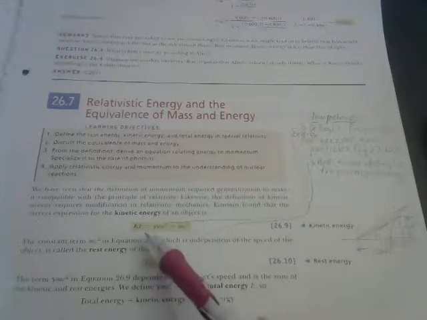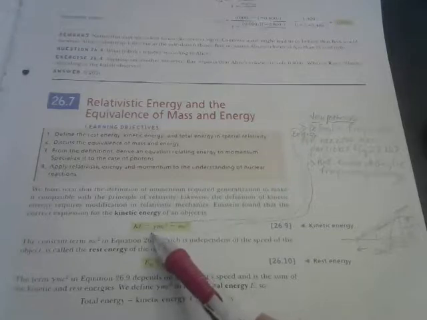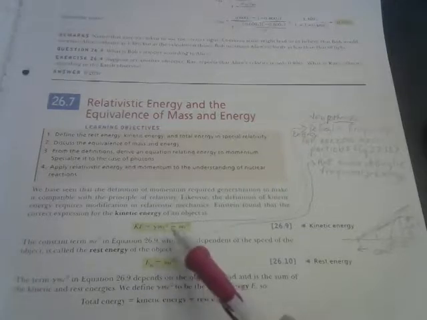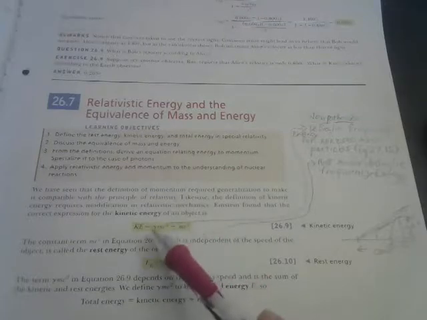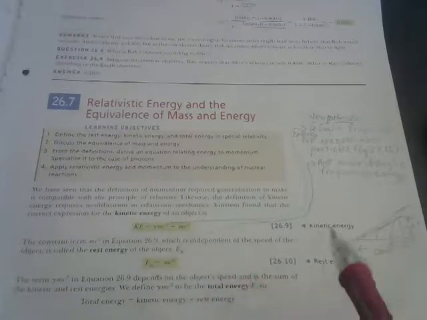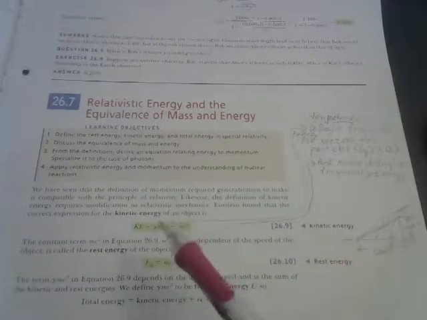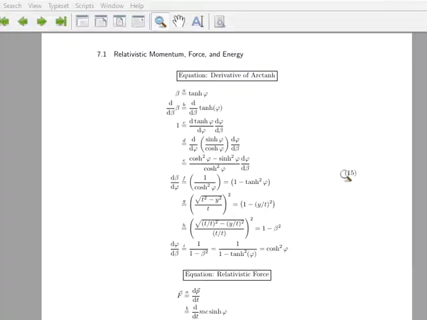Kinetic energy equals gamma, that would be our cosh phi right there, mc squared, minus mc squared, that would be our minus 1, so gamma minus 1 times mc squared. I'm going to provide the derivation of that, and it begins with this equation 15, where we take the derivative of the arctangent.